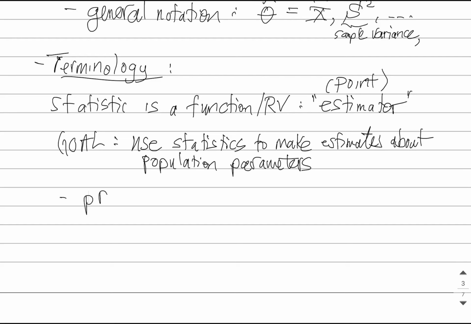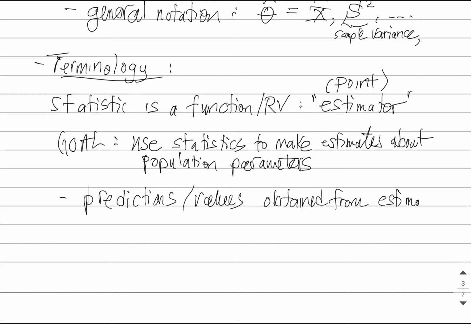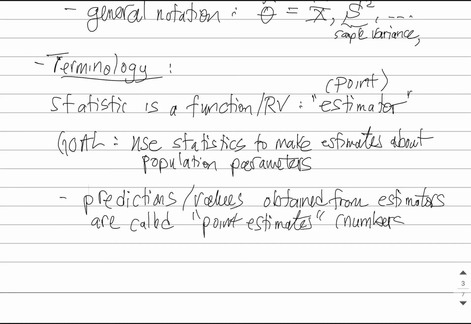The predictions or the values obtained from estimators, they are called point estimates. They are always just numbers.